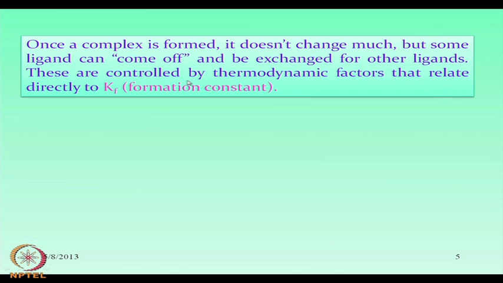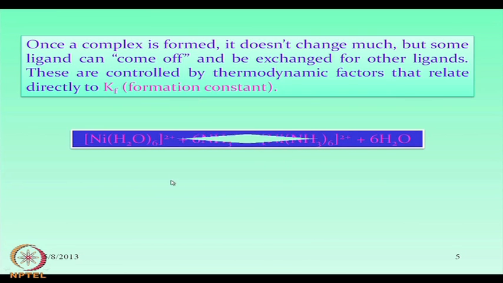And this particular transition from the aqua complex to the amine complex, there will be some control by the thermodynamic factors that relate directly to the Ka values, the formation constant values. So we see that the 6 water molecules are bound to the nickel and it is a ligand substitution reaction in a stepwise manner again.